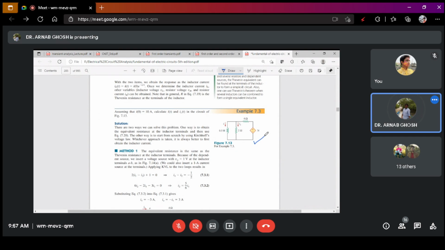I(t) is the decaying current of the entire circuit, or you can say it is the current across the inductor. And you also have to calculate Ix(t), that is the current across the 2 ohm resistance. So everybody please do this.